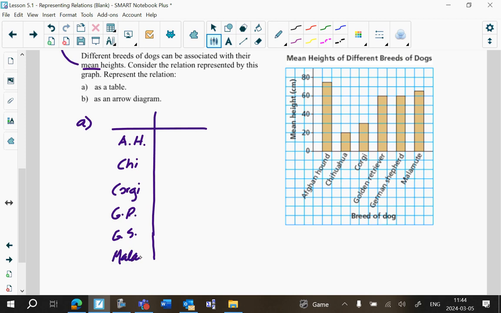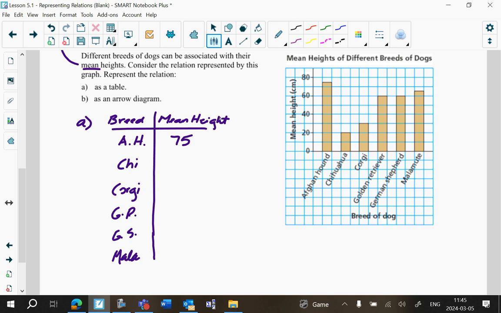Ooh, big dog. Big husky looking dog. So, what's the average height of, or the mean height of an Afghan? 75. Okay, and we'll label this too. We'll put breed. Mean height.